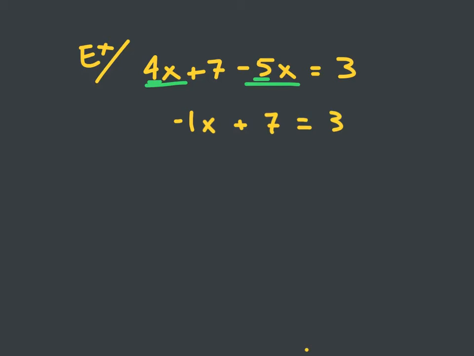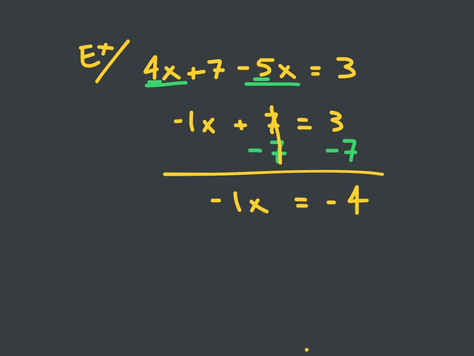From here, what I want to do is solve this. At this point, I have a two-step equation. So I want to operate on my 7 first. The opposite of adding 7 would be subtracting 7 from both sides. Then we get negative 1x is equal to, 7 minus 7 cancels out to 0, and 3 minus 7 is going to give us negative 4.